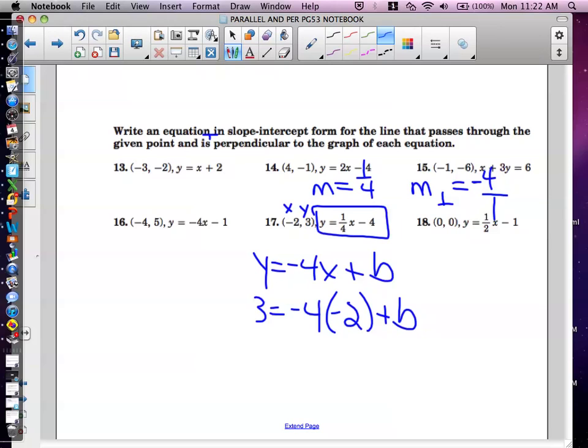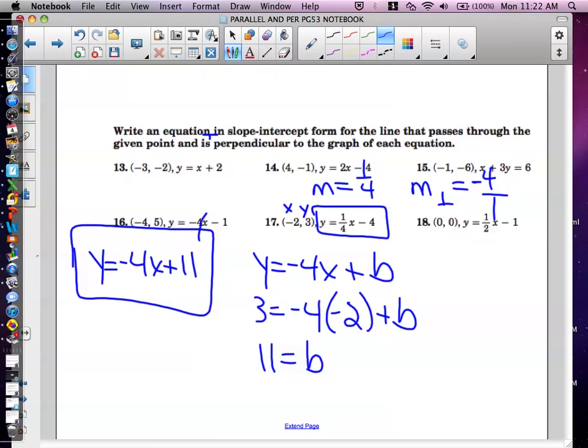And I find that b is 11. So the equation of a line that's perpendicular to the given equation in number 17 would look like this. And you can see that when I compare their slopes, they have opposite signs and they're reciprocals of each other.